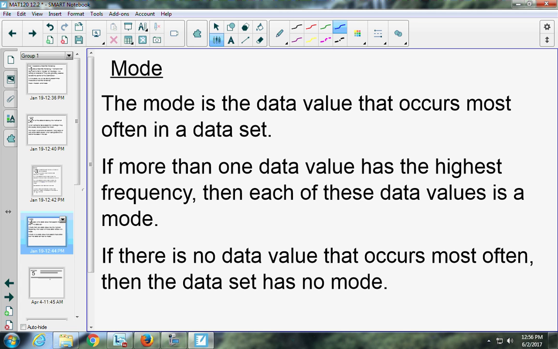And if there's no data value that occurs most often, if everything happens once or everything happens twice, then the data set has no mode. When that is the case, we write the words no mode. Do not write 0 because 0 is a data value. If you write 0, it means that 0 is the number that occurs most often.